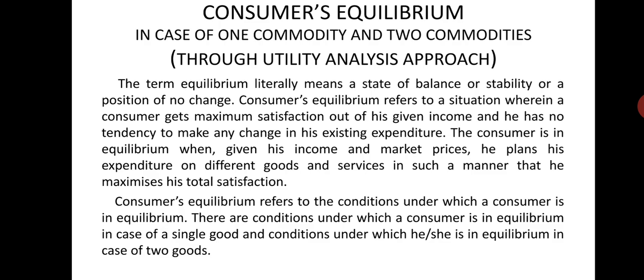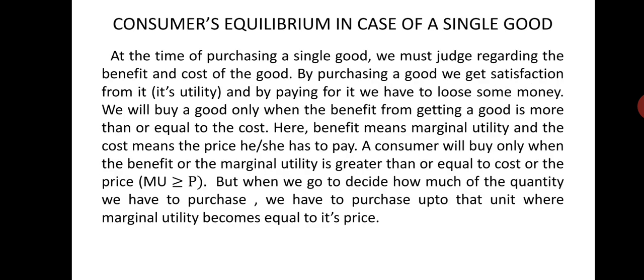There are conditions under which a consumer is in equilibrium in case of a single good, and conditions under which he or she is in equilibrium in case of two goods. Let us first study how a consumer can attain equilibrium in case of a single good. Consumer's equilibrium in case of a single good.